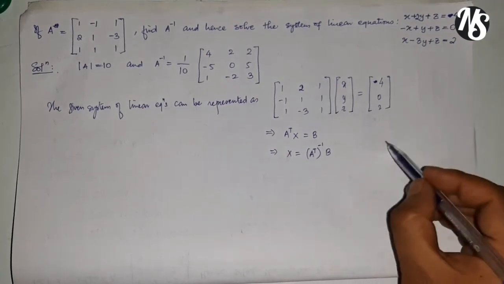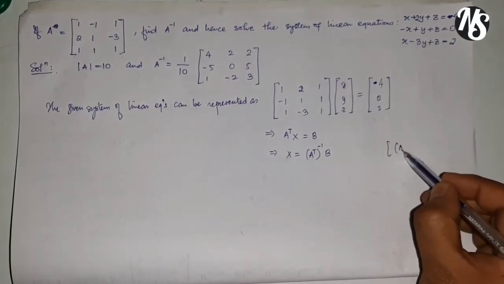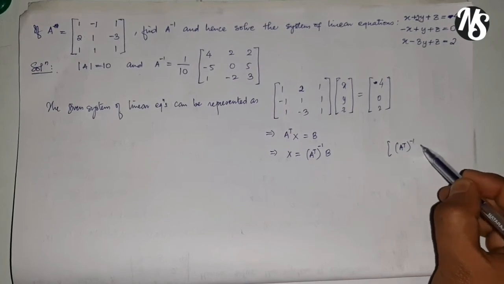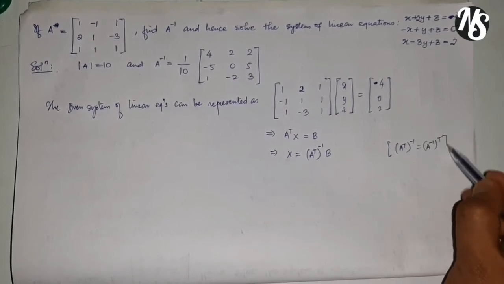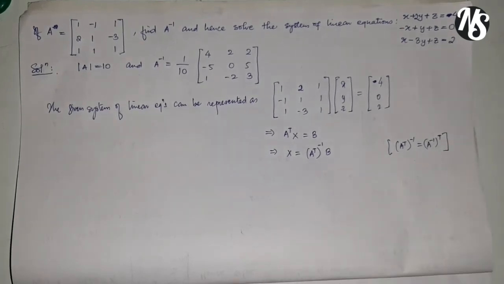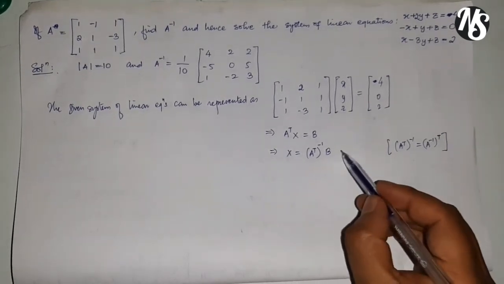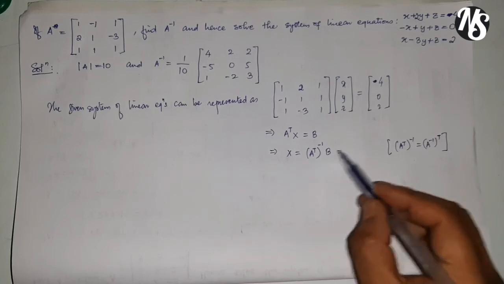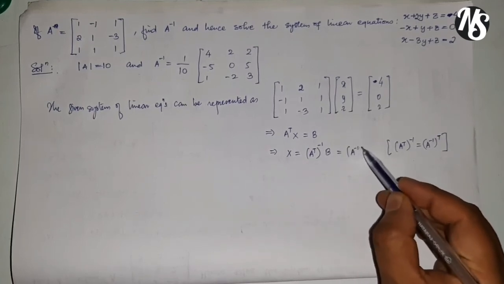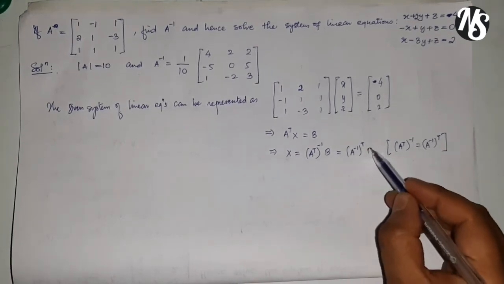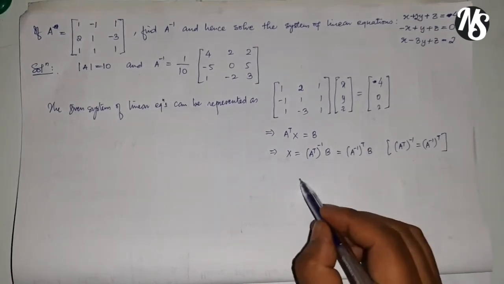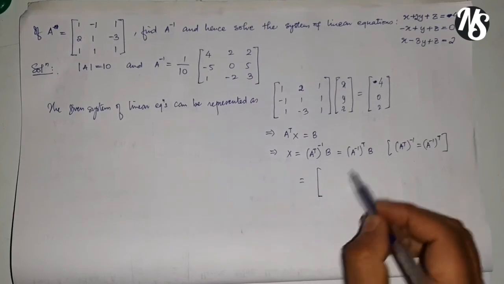Now there was one property which said A transpose inverse is equal to A inverse and its transpose. This was the property. So if you use this property, in place of this, can I write A inverse transpose? Yes. B is B itself. Now see carefully, what is A inverse?